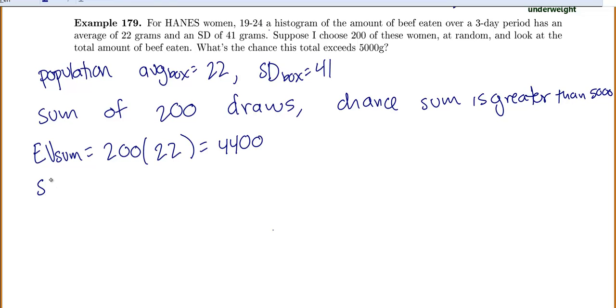4,400. The standard error of the sum is equal to the square root of the number of draws times the standard deviation of the box, so 579.8.